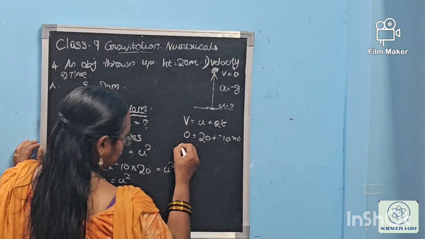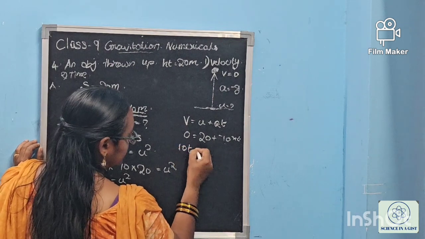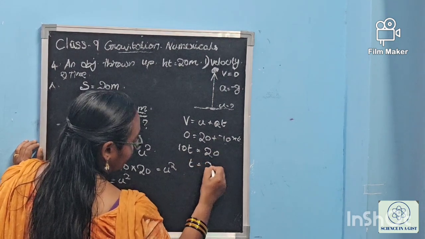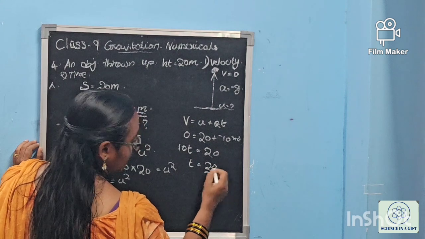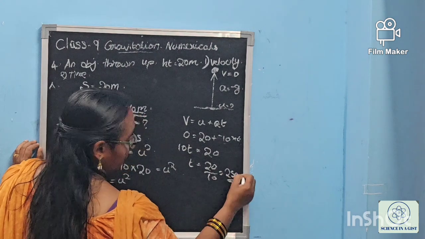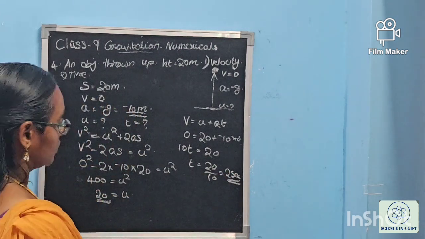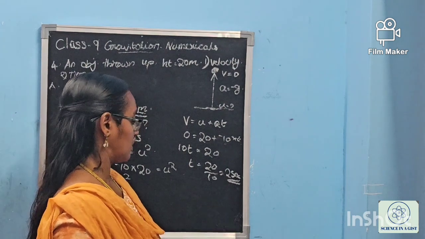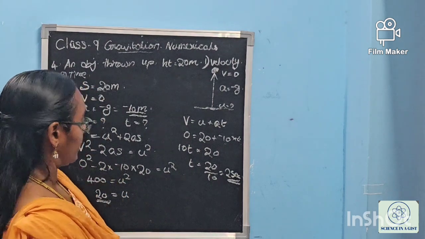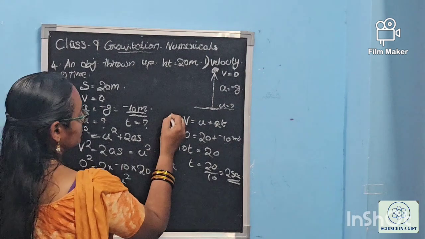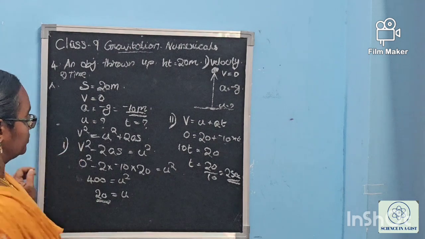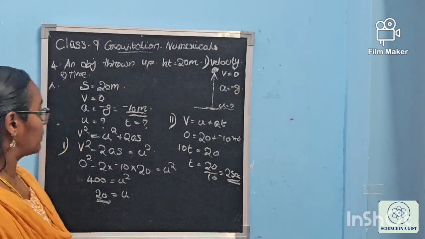So negative will become positive. 10t is equal to 20. t is equal to 20 divided by 10 is equal to 2 seconds. As the time is in seconds, it is 2 seconds. So this is how we have to solve this kind of problems.